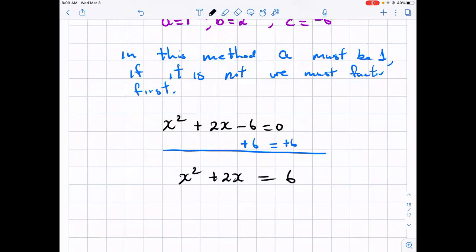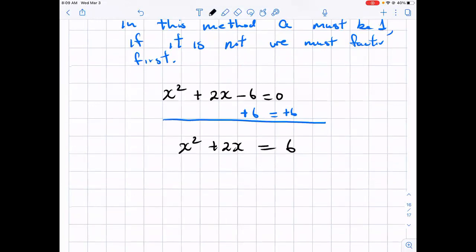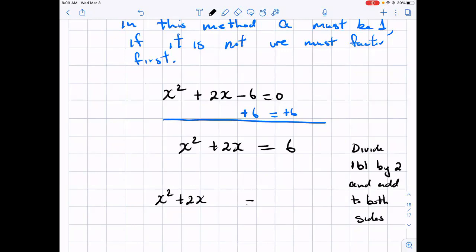Now, the next step is to take half of b, or divide the absolute value of b by 2, and add it to both sides. So we have x squared plus 2x, and we know that that is equal to 6.